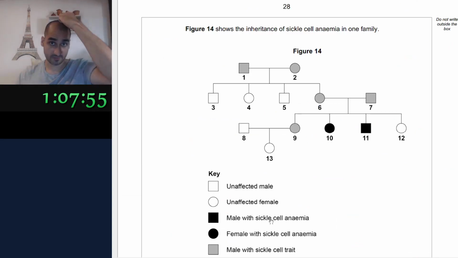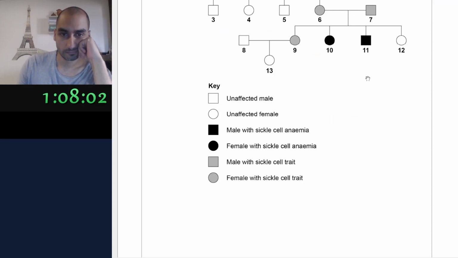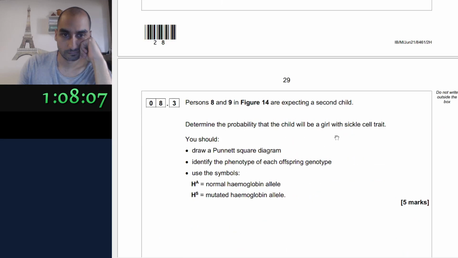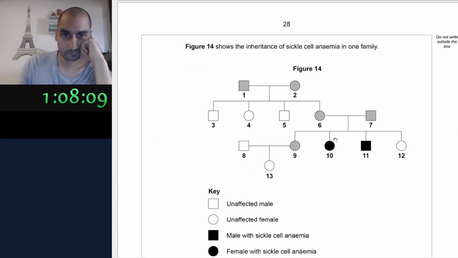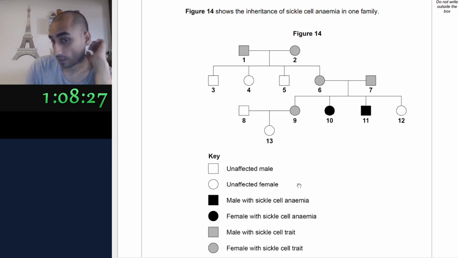All right, inheritance of sickle cell anemia in one family. So if it's black, they have full-on anemia. If it's gray, they have one allele. Okay.